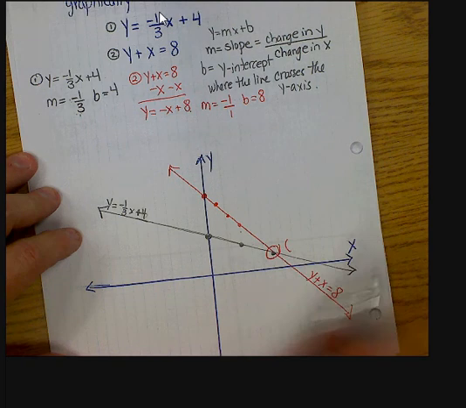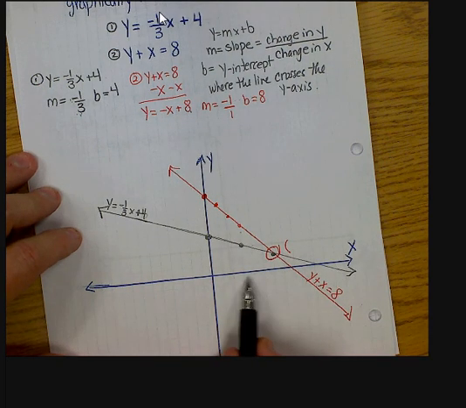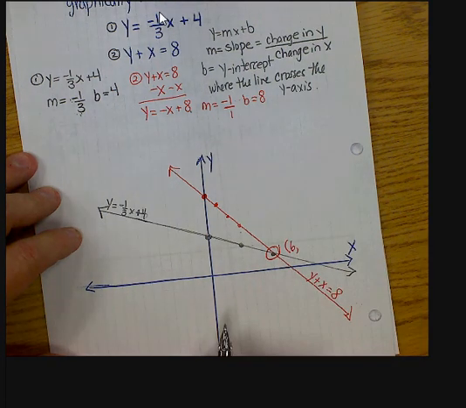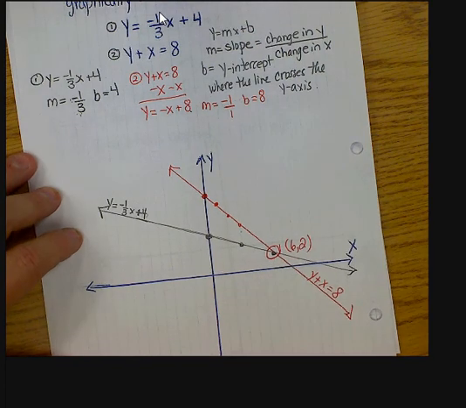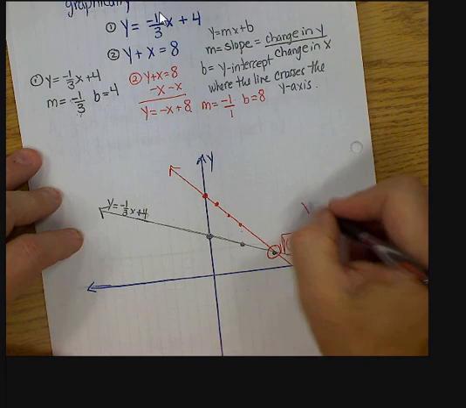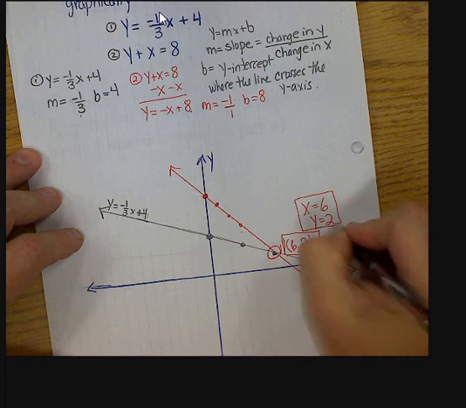We have to state it. Remember, you state a point by looking at the x first. 1, 2, 3, 4, 5, 6, comma what? Is that 2? 6 comma 2. That means this is my solution set, or you can write it this way: x equals 6 and y is equal to 2. Whatever you feel more comfortable with.